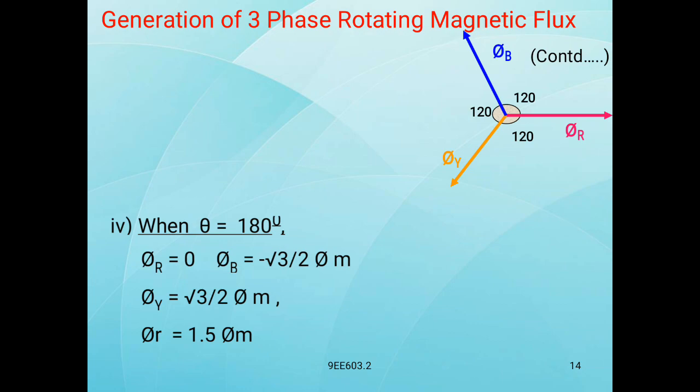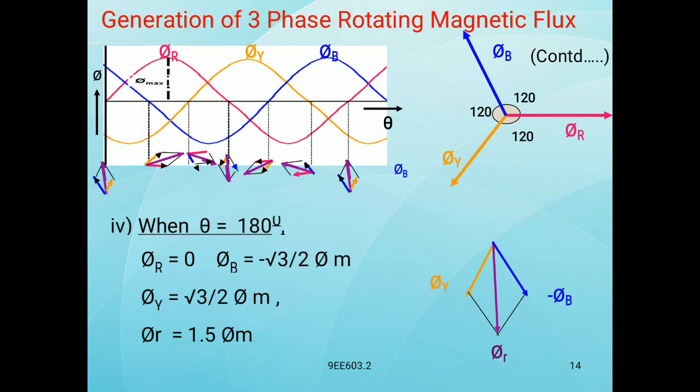So now the resultant vector is in this way, the resultant vector downward.